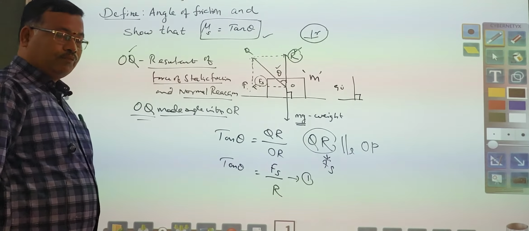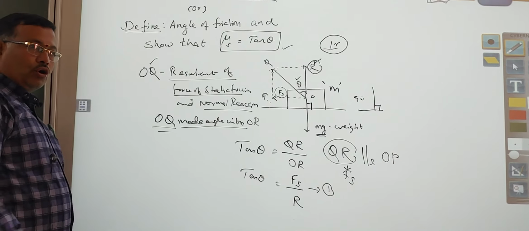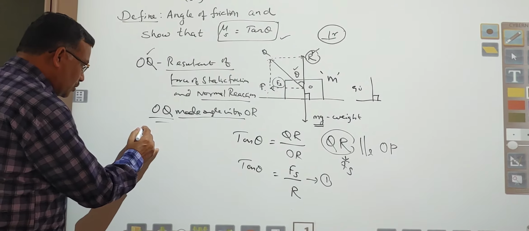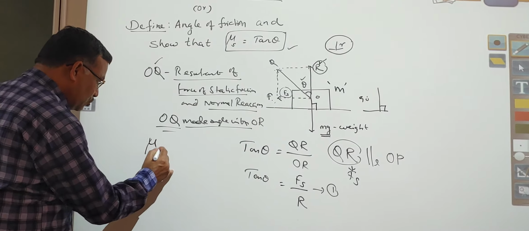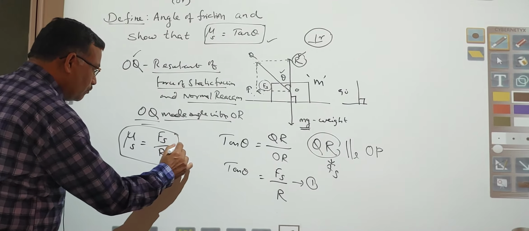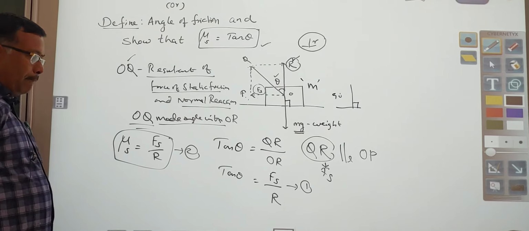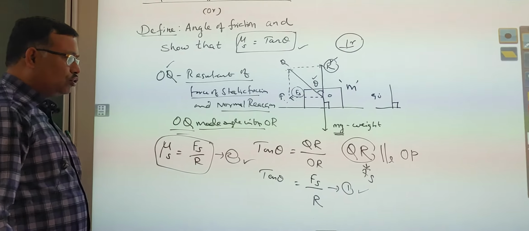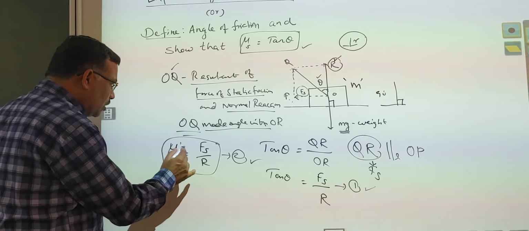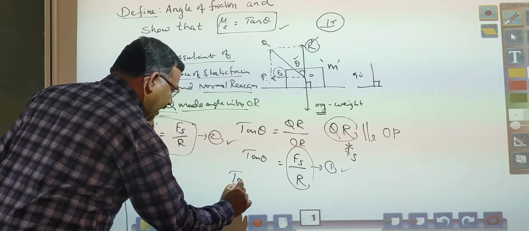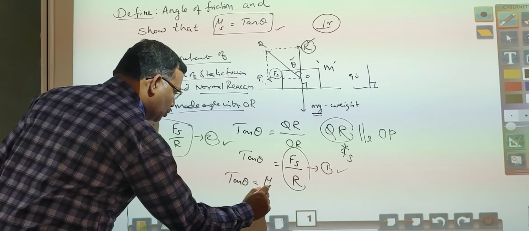Already we know from the definition of coefficient of static friction, mu s is equal to Fs by R. Call this equation 2. By comparing equations 1 and 2, instead of Fs by R, we can write tan theta is equal to mu s.